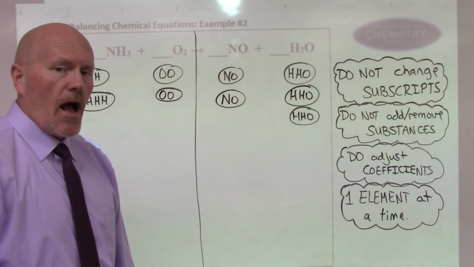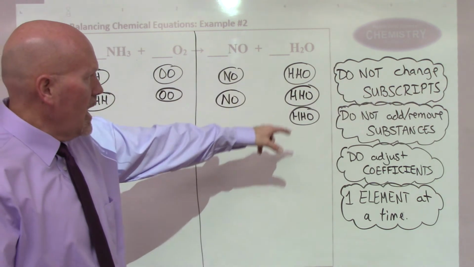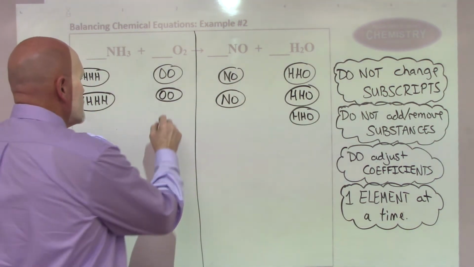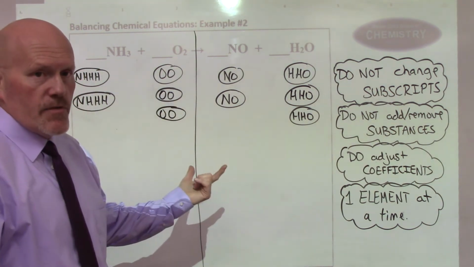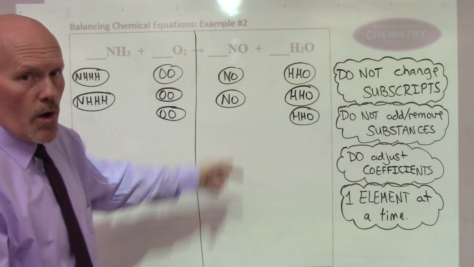So the nitrogen and hydrogen are balanced, but I just drove the oxygen out of balance. Now I have 5 and 4. I'm going to add to the deficit side. Now I have 6 and 5. The easiest way to fix that is with 1 O here.